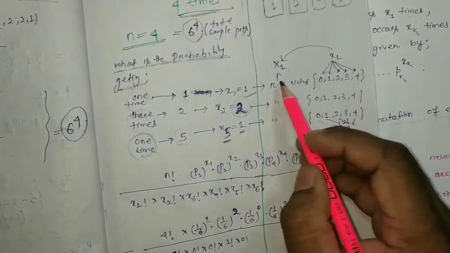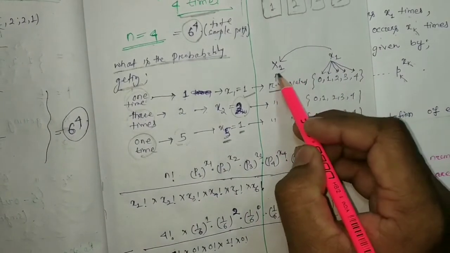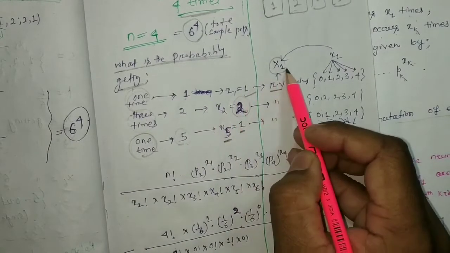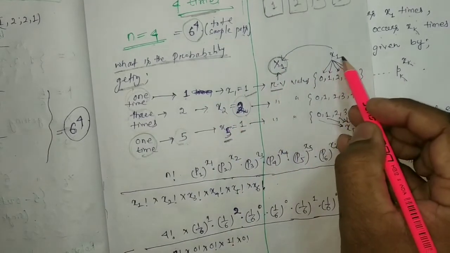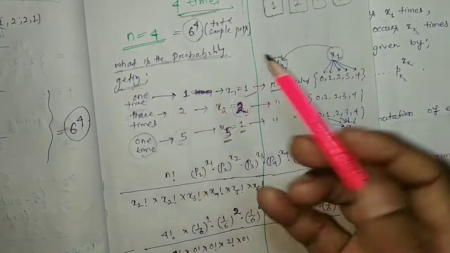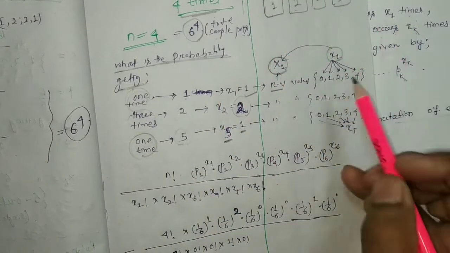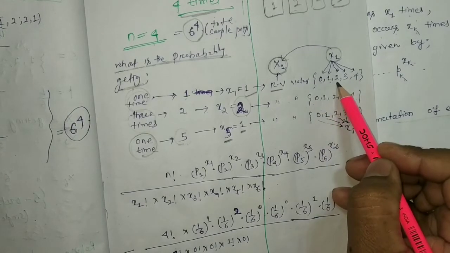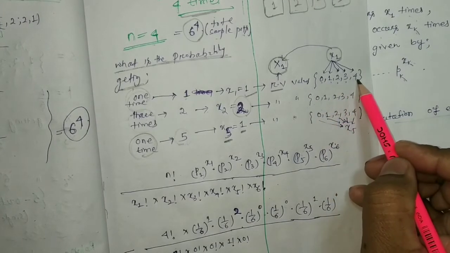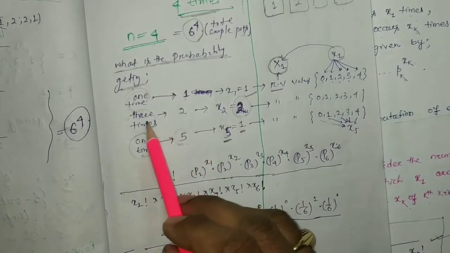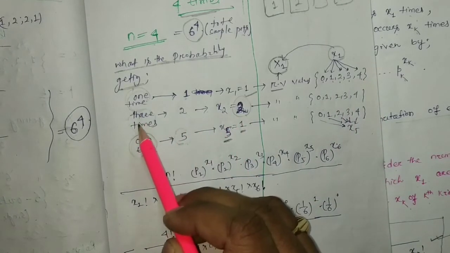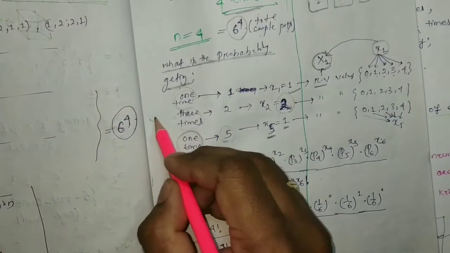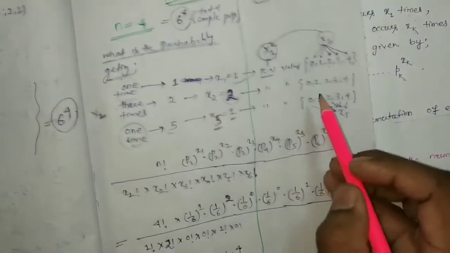See here, the random variable belonging to x1. If I consider this X1, for this small x1, the random variable is capital X1, and small x1 can be, see, 4 times I have tossed. That means I can get 0, 1, 2, 3, or 4 times 1. Likewise for the other random variables, that means X2, also 0, 1, 2, 3, 4.